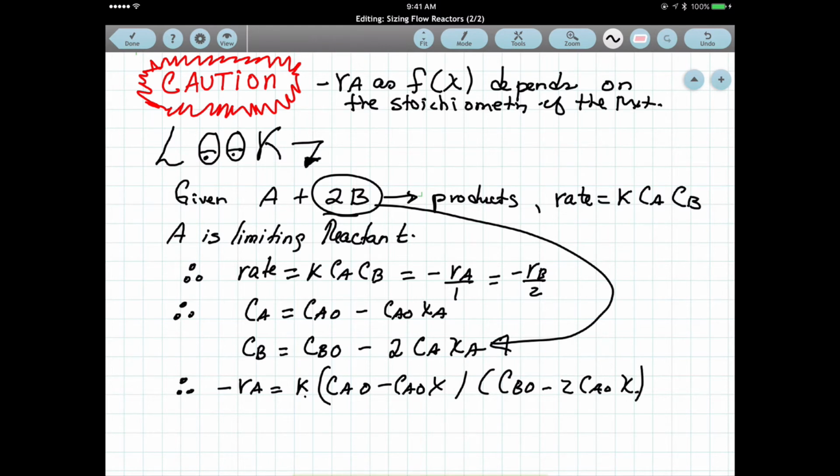I'm just dropping that subscript. We talked about this before: the initial molar ratio M equals CB0 over CA0.